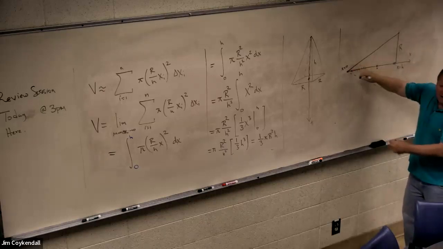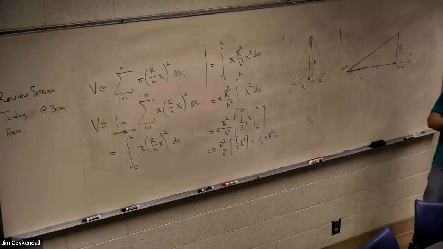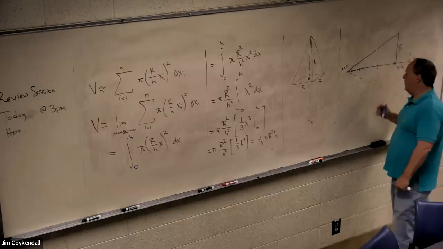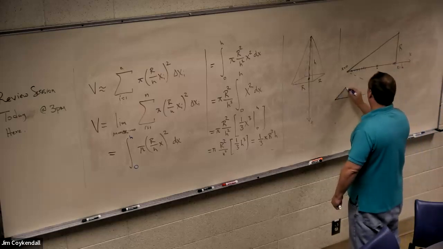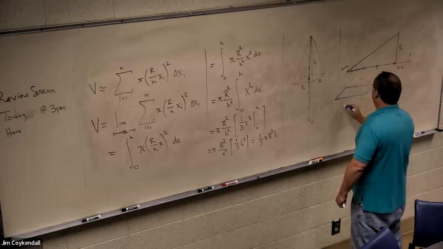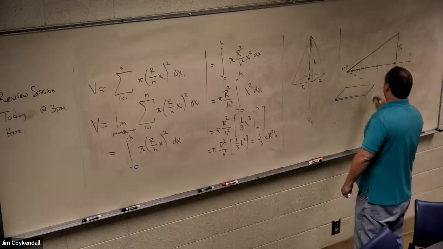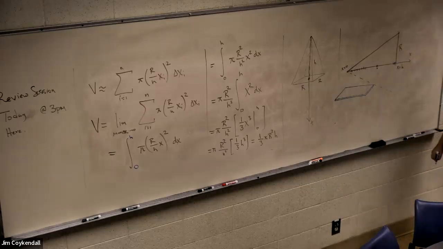Small squares up here, because really the pyramid is like a kid building blocks, stacking smaller and smaller blocks. These are little squares. If I pull this out and look at it, it's going to look approximately like a little square with some thickness right here.